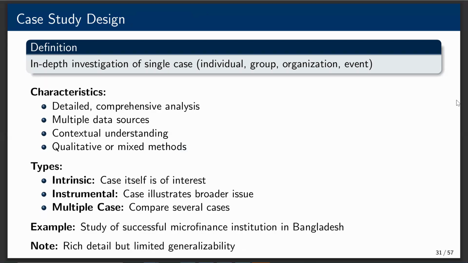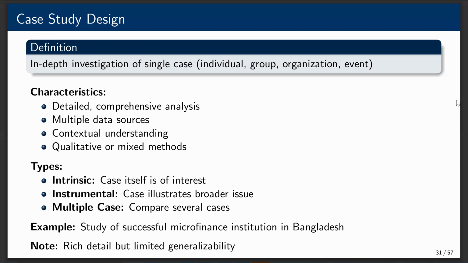Then case study design. In-depth investigation of a single case, that is individual, group, organization or event. The characteristics of case study design is detailed, comprehensive analysis, multiple data sources, contextual understanding, and it is basically qualitative or mixed method.